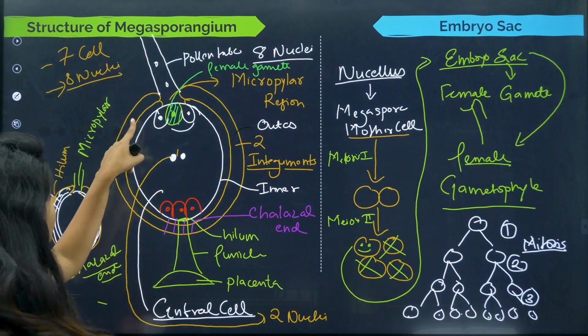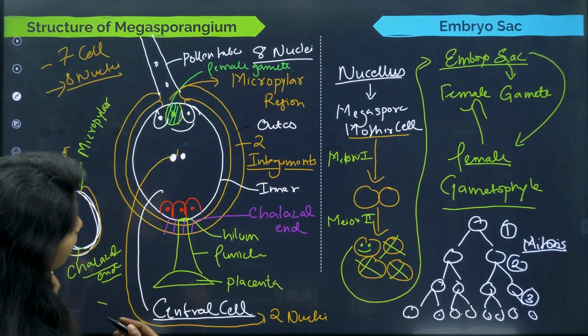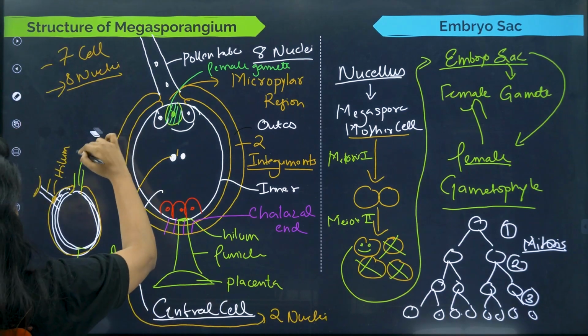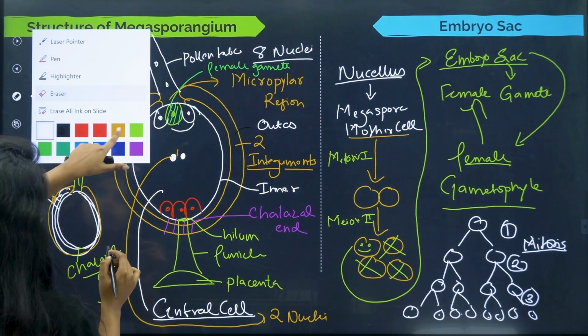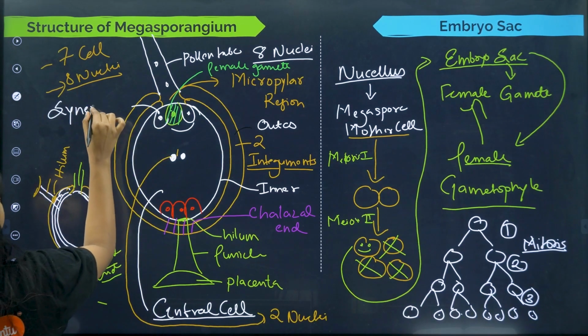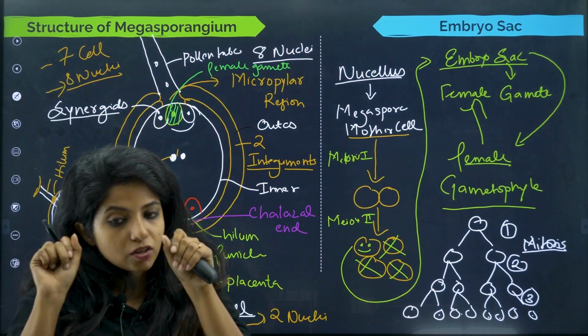And then you have 2 of them over here. What do you call them? I do not have space to write, so let me erase this. I'll write over here. The name of them is synergids. Synergids have some fingery structure like this.